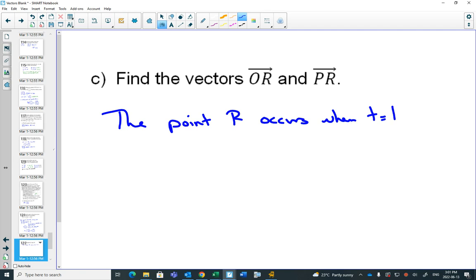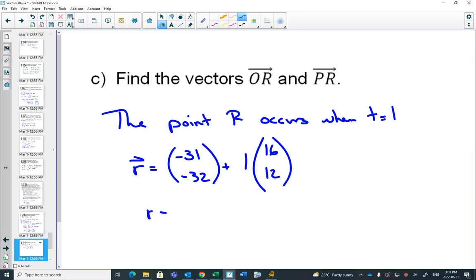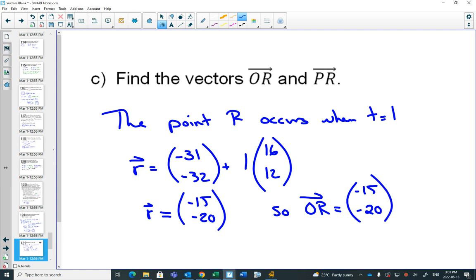The point R occurs when time is equal to 1. So if we go to our vector equation and plug this in, we will get negative 15, negative 20. So OR is equal to negative 15, negative 20.